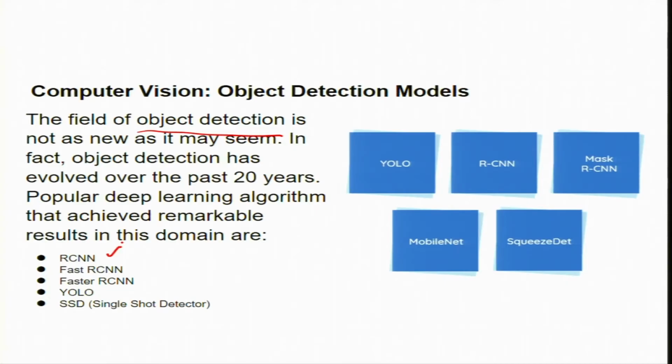They are called RCNN, Fast RCNN, Faster RCNN, YOLO and SSD, that is Single Shot Detector. These models are now standardized and put in the cloud, and they are given as a service, that is, the software as a service platform.